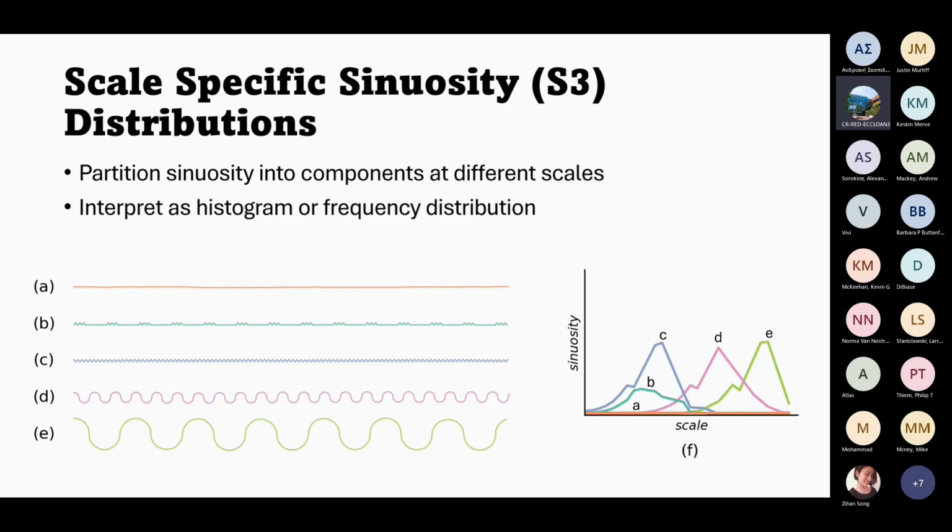So I tried to come up with a better way of illustrating the two concepts that I want to illustrate, which is differences in degree of sinuosity versus differences in scale of sinuosity. So they're artificially produced just to illustrate. Great, thanks. I thought maybe there was a magical number.